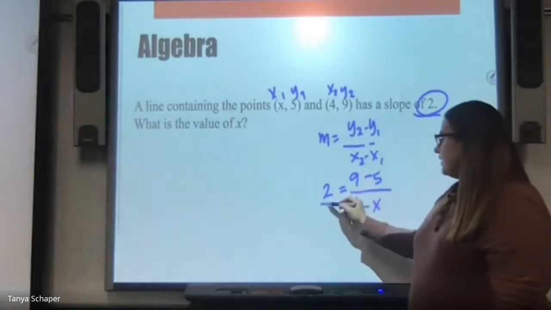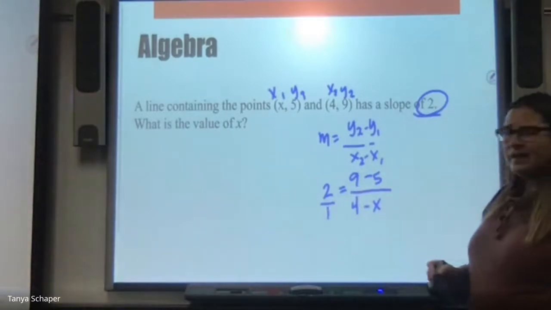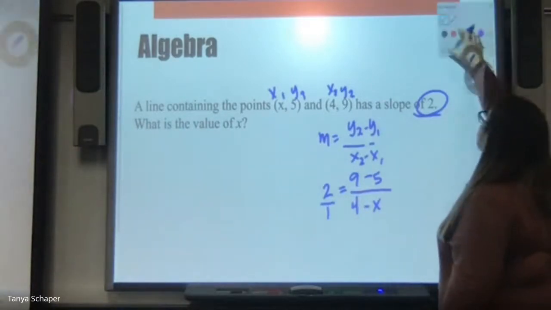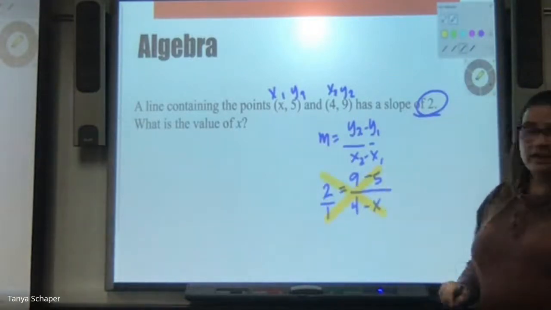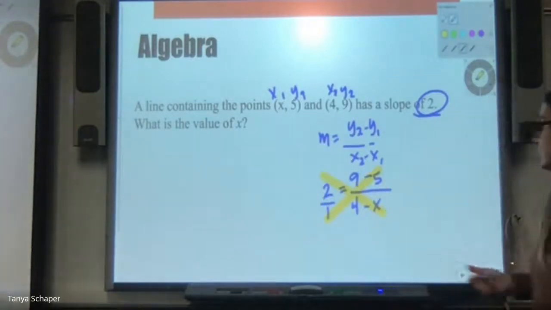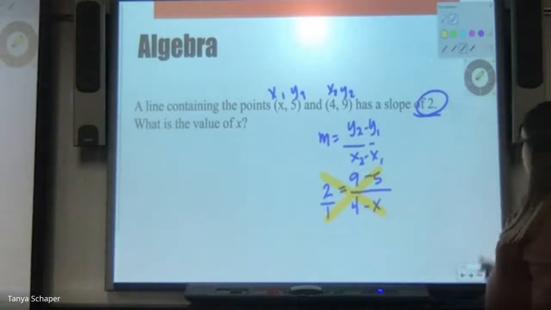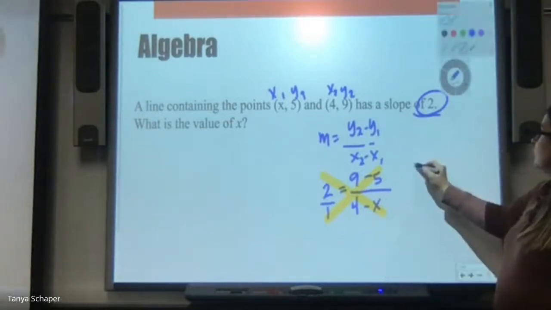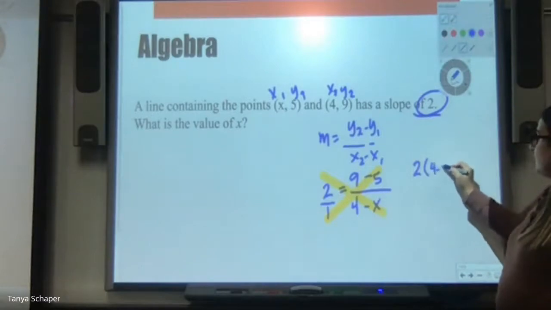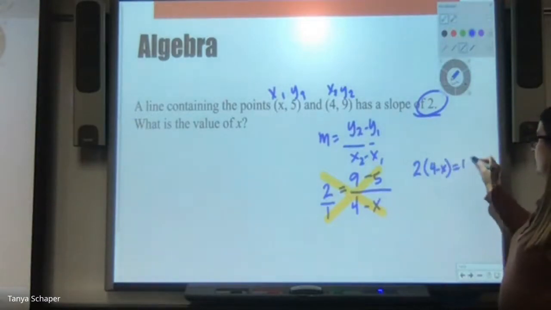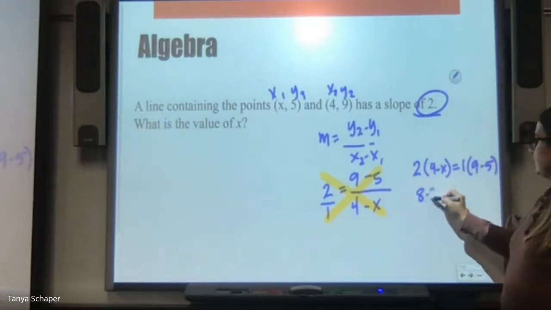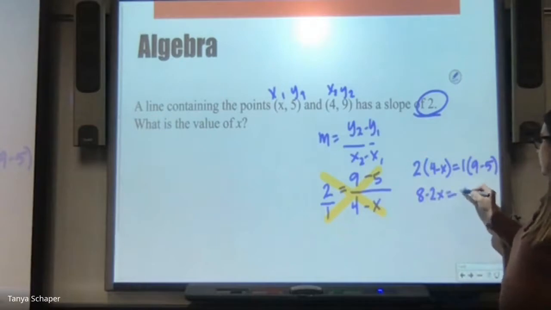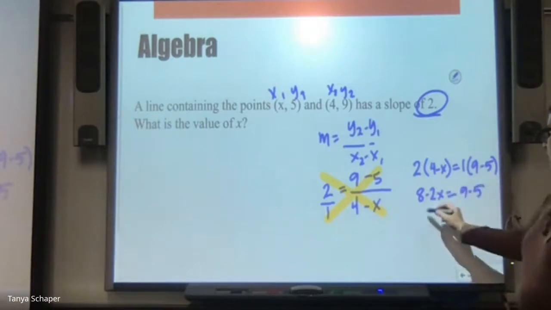A couple different ways to solve it. I like to use cross products, where I take the products of the diagonals and then solve from there. So 2 times 4 minus x is equal to 1 times 9 minus 5. And I solve my equation that way. So 8 minus 2x is 9 minus 5.